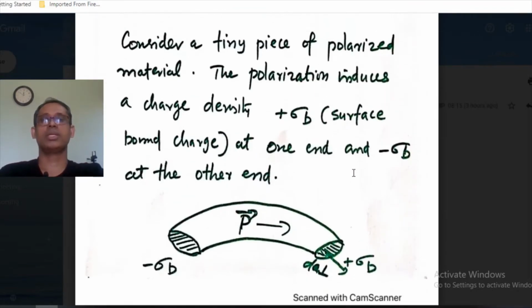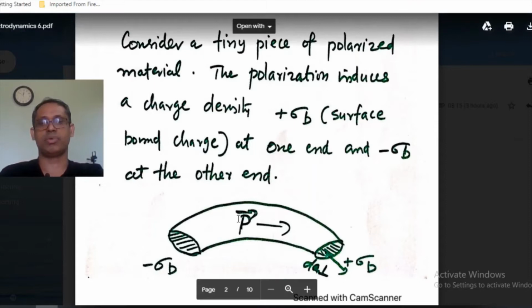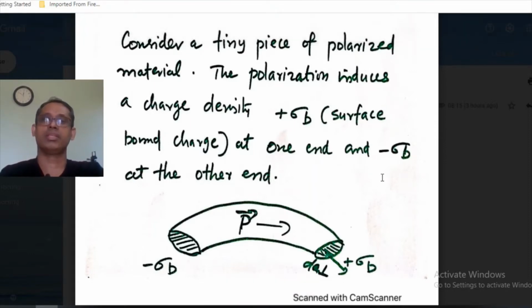Now consider a thin piece of polarized material, shown here. The polarization will induce a surface charge density at the ends.